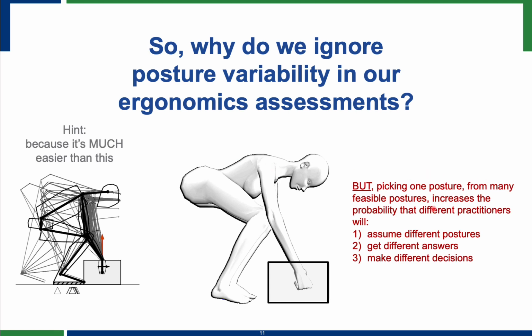But picking one posture from many feasible postures increases the probability that different practitioners will, one, assume different postures, as I just mentioned, and by virtue of that, get different answers, and by virtue of that, make different decisions. And one month, you might say the task was acceptable, but because you picked another posture the next day or the next month, you might say it's unacceptable. And this even happens, like I said, within practitioners.